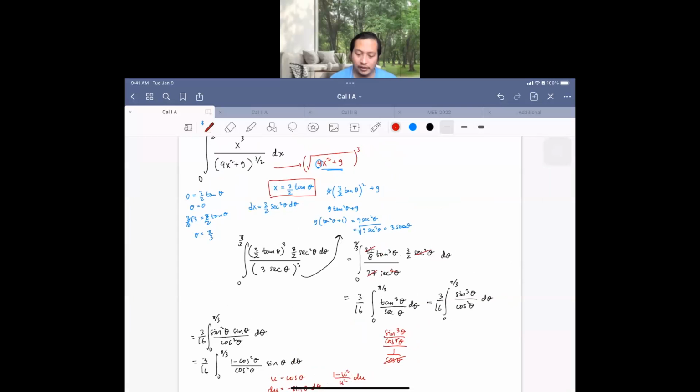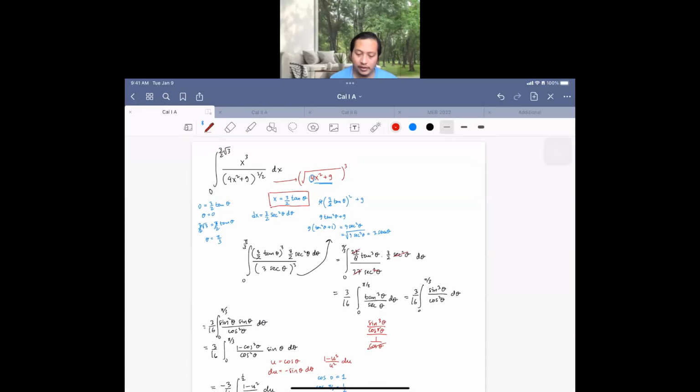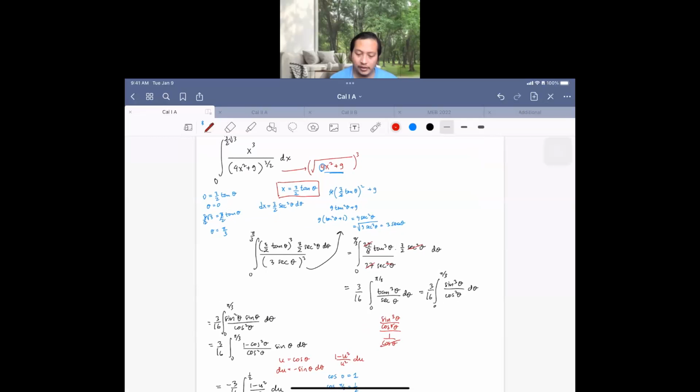For x squared, you can substitute with 3 over 2, for example, here, 3 over 2 tangent theta. Okay. Any questions for this one? It's quite long and pretty tedious. You need to substitute and then use the substitution method again near the end, and then you get the result.